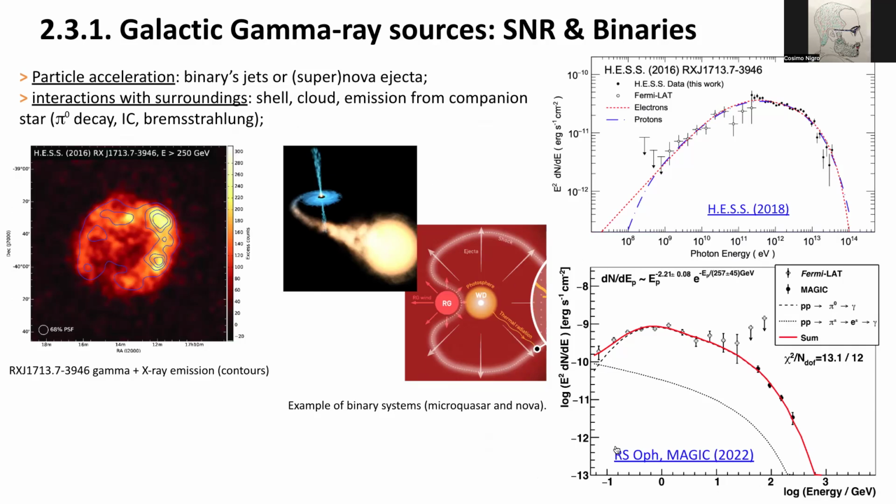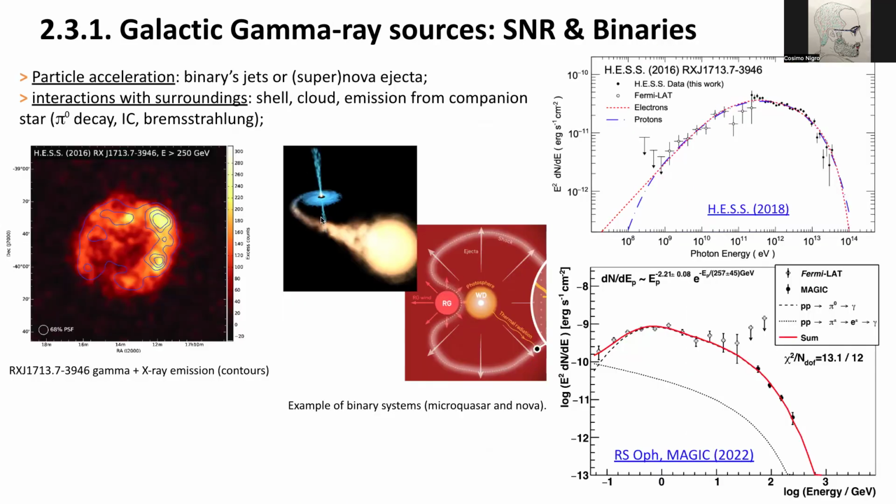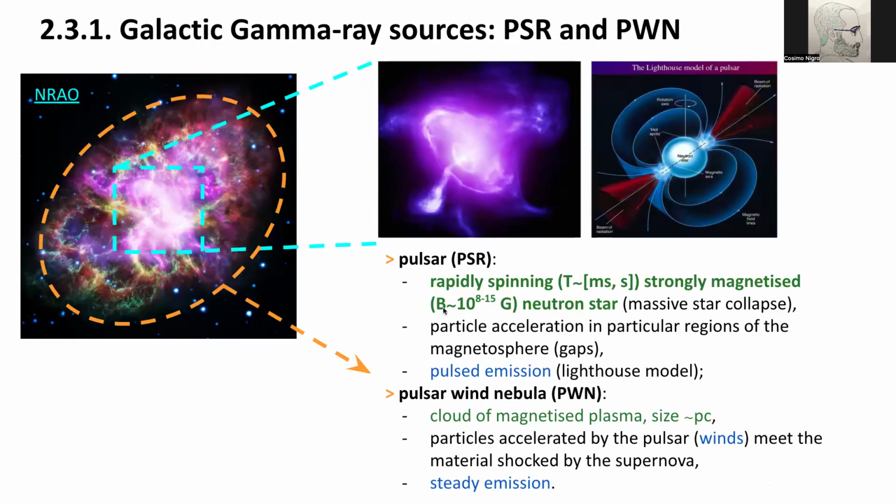And you can see here the RS Ophiuchi nova, in which you have acceleration of particles in ejecta that are interacting with the protons around the source. Okay. And the other source illustrated here is what we call a microquasar. It's actually this source SS433. It's basically a dead star that is eating the material of a companion star and spinning it up to create two jets. Okay.